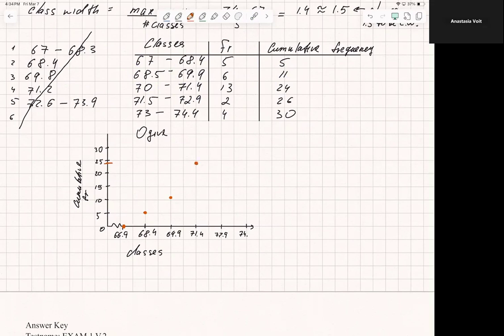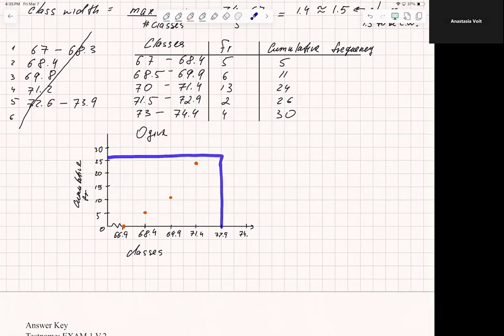And we mark it at the upper limit of the third class and around 24 on the y-axis. Now the next one for the fourth class, we have 72.9, 26, right? So it's going to be 72.9, and 26 would be somewhere here.